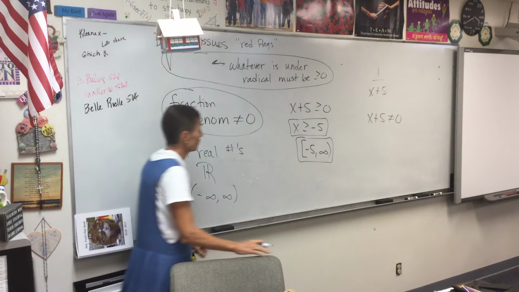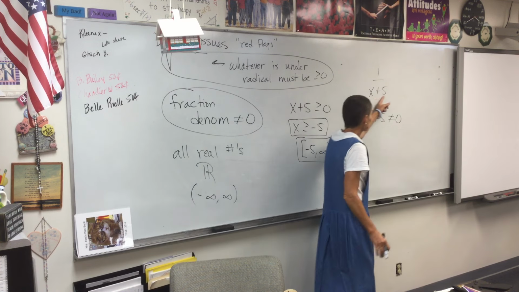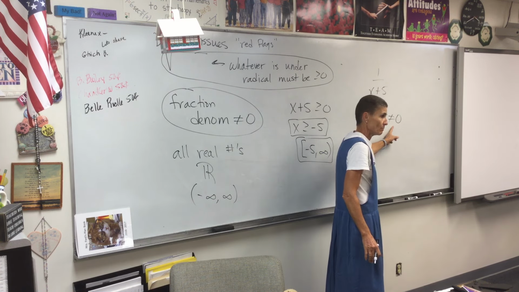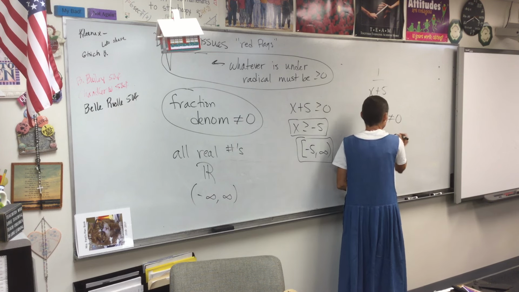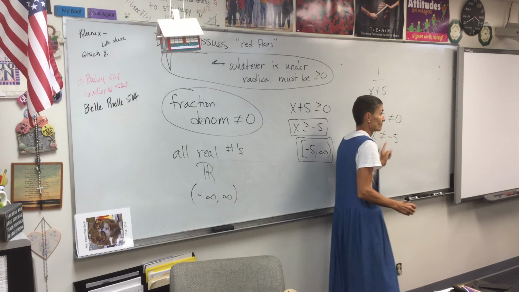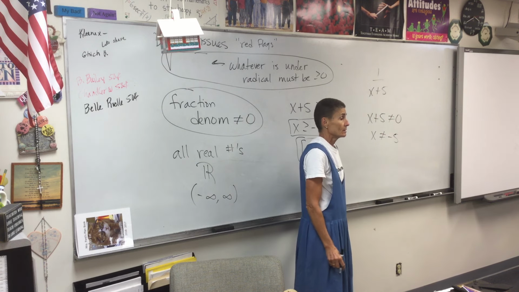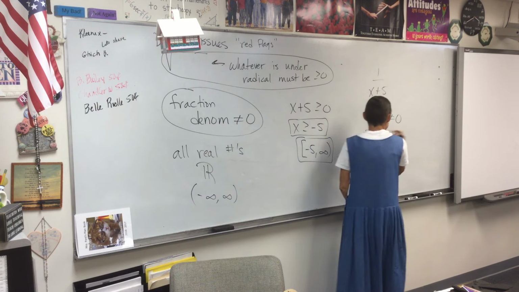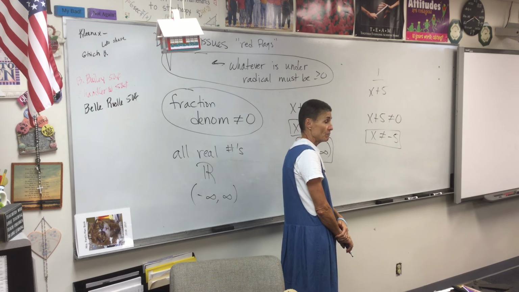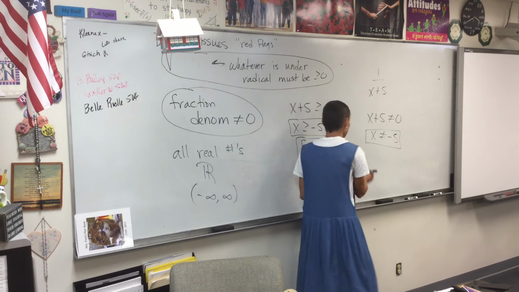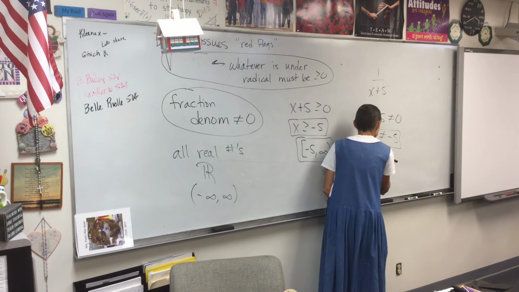Okay, so here we go. If x plus 5 cannot be 0, then x cannot be negative 5. Would you agree with that? Just subtract it from both sides. So you can write your answer this way, or if you're feeling really mathematical, you can write it this way.